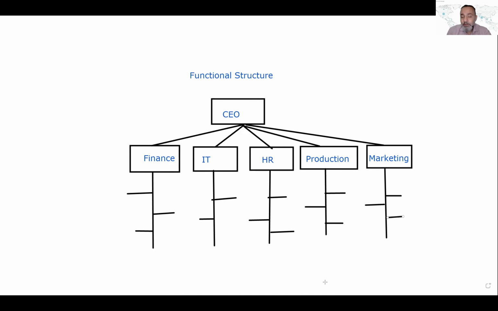Who manages this project? How do we get the team for this project? What do you think in this kind of structure? Obviously, we don't have project managers here, right? We have only functional managers. We have the CEO and we have functional managers. So who manages the project? Any suggestion?